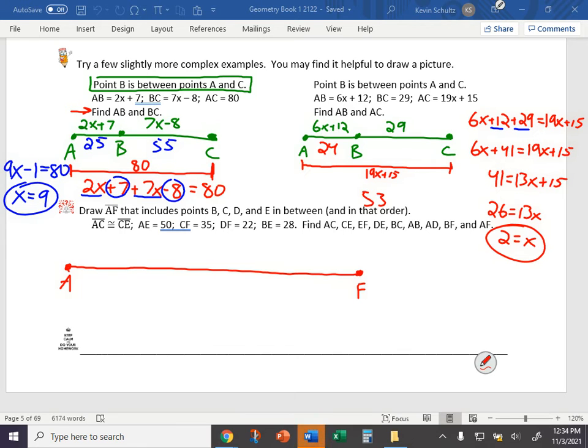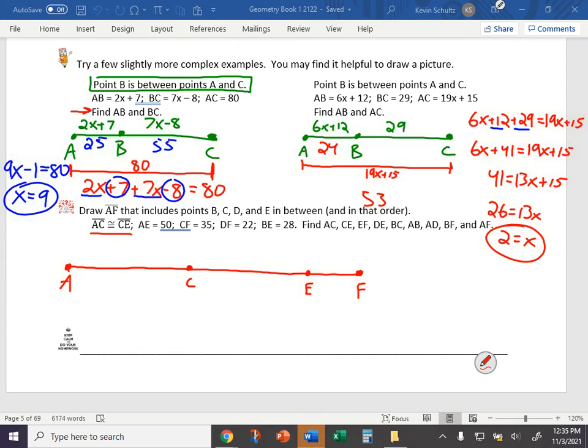I'm going to use this first clue just to help me put these in a somewhat reasonable spot. I'm told that AC is congruent to CE, right? So E is the point that's closest to F over here. I know that point C is halfway between A and E. That's how I can conclude that AC is congruent to CE.